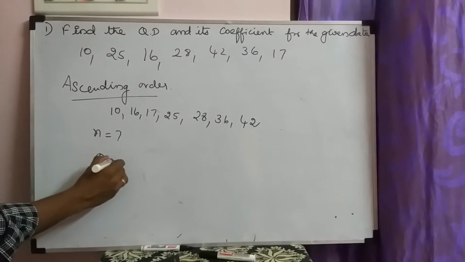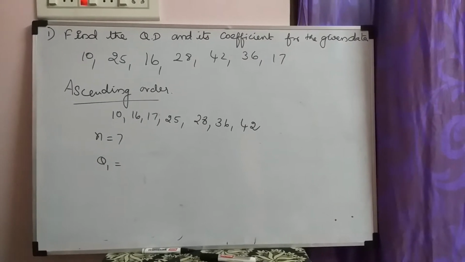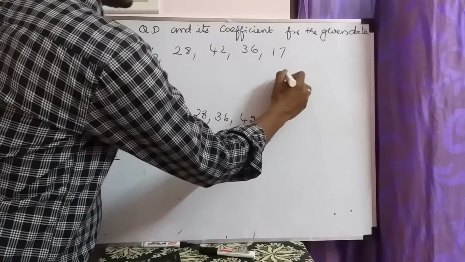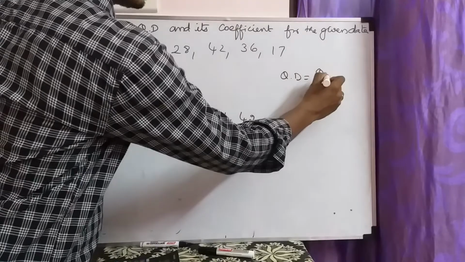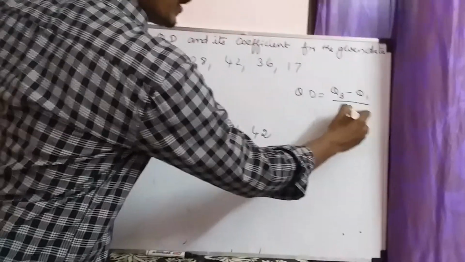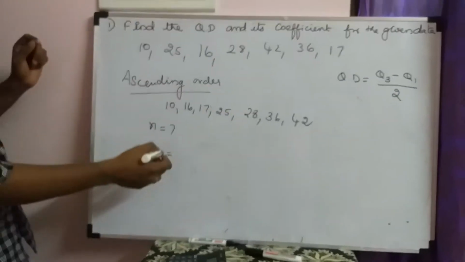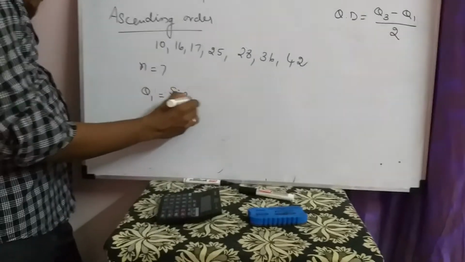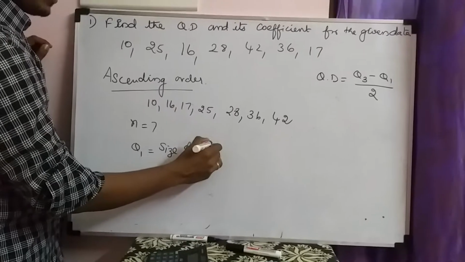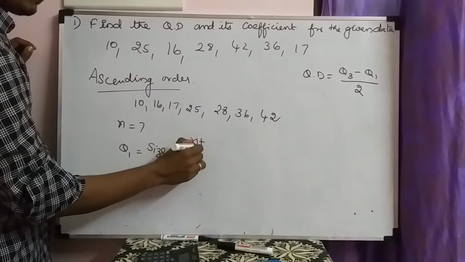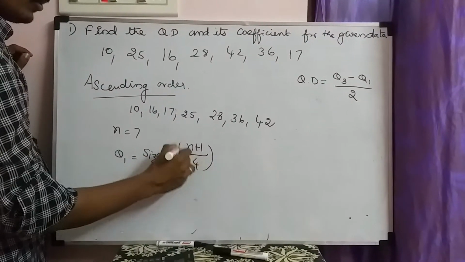QD is Q3 minus Q1 divided by 2, so we first find Q1 and Q3. Q1 is the size of (n plus 1) divided by 4th item.